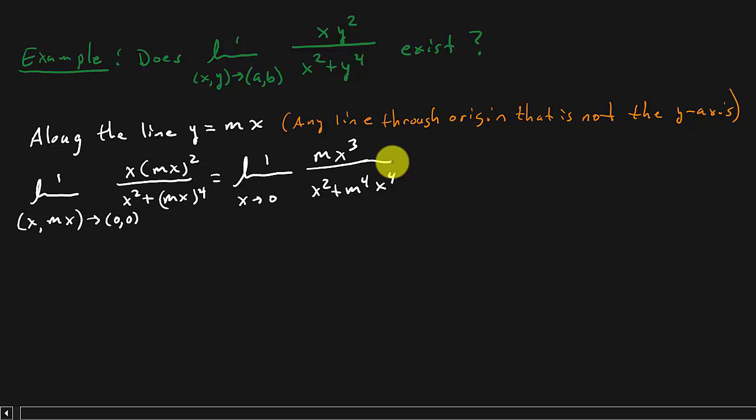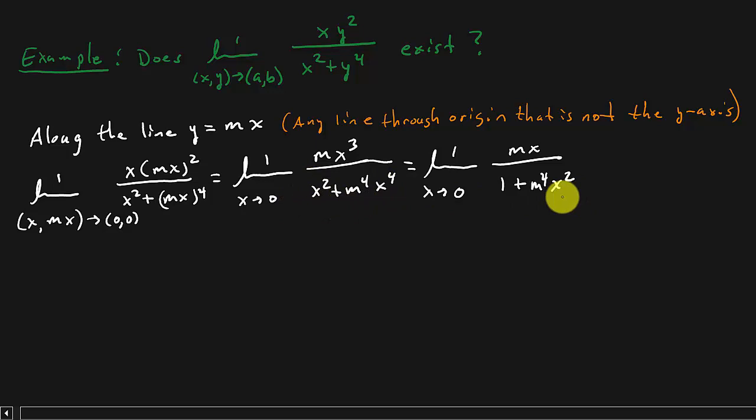And so this is going to give me the limit as x goes to 0 of, now let's see what we got here, mx over 1 plus m to the fourth x squared. So I just divided each of these by x squared. So that left me with the x, that went to 1, and that went to x squared.